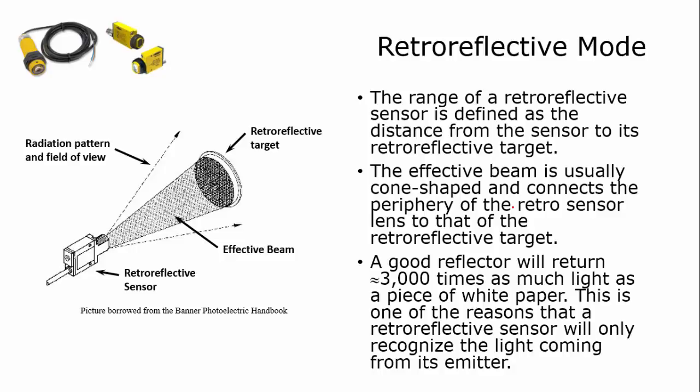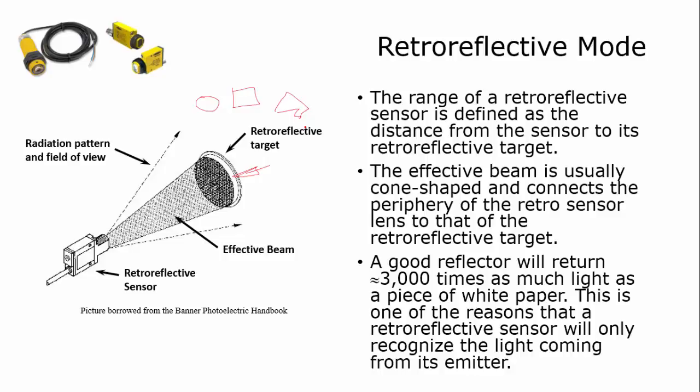You can also shape the size and shape of the beam with a retroreflective sensor, because you can change the size and shape of the reflector. This is showing a round one. You can get a smaller round one. You can get square. You can get reflective tape that you can shape differently.